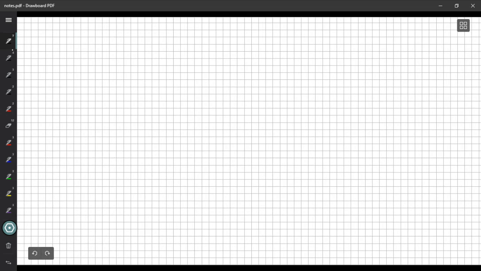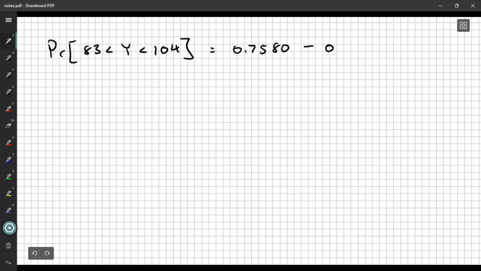And we can finally finish off the question. So the probability that y takes a value between 83 and 104 is 0.7580 minus 0.0808. And I might be able to do that in my head, but I don't want to risk it because I want to get the appropriate marks that I deserve.